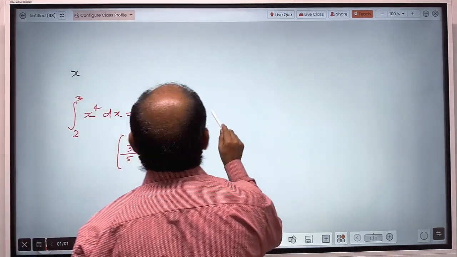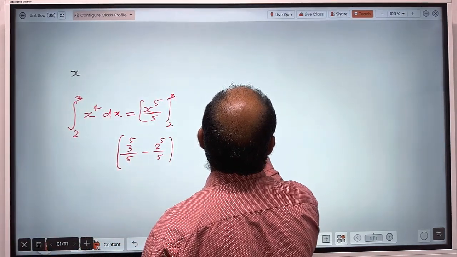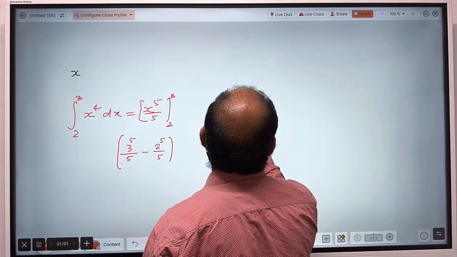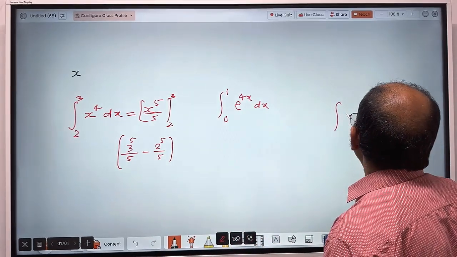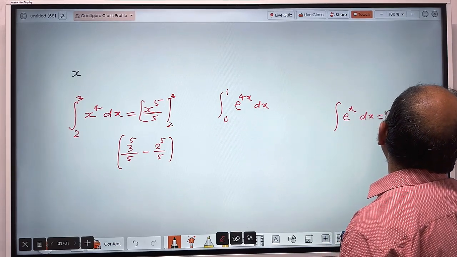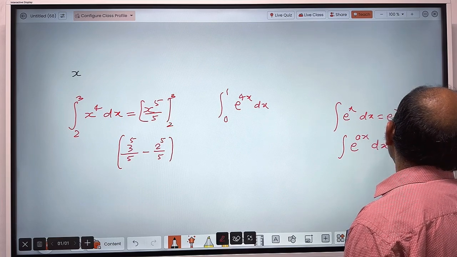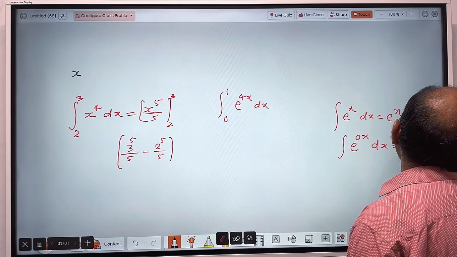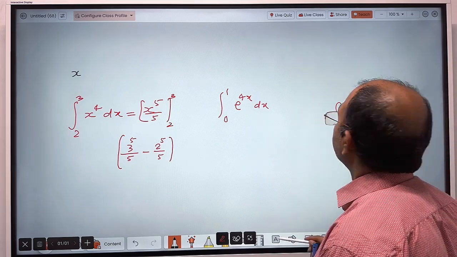Take another question. Suppose you are given 0 to 1 e power 4x dx. As you know, integration of e power x dx gives e power x. If there is some number, suppose e power ax dx, so it will become e power ax divided by a plus c if there is no limit.